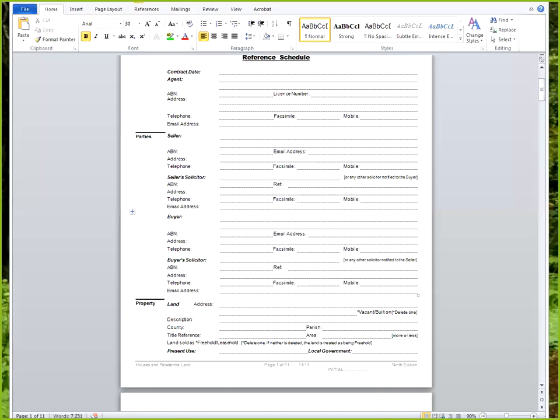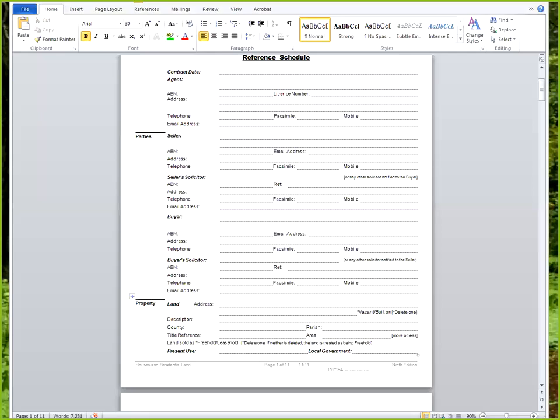Moving down the page, the next issue that I want to address is the issue of the land, and one might think that that's a pretty straightforward issue. We just simply nominate the address. The next issue is vacant land or built on, and as we see in this contract quite often, where there's an asterisk, there's normally an invitation for you to delete one, and you should do so.